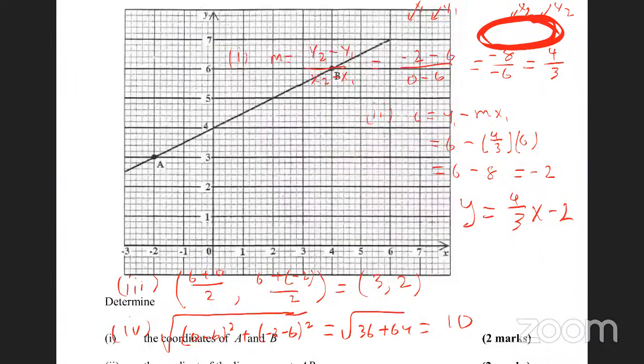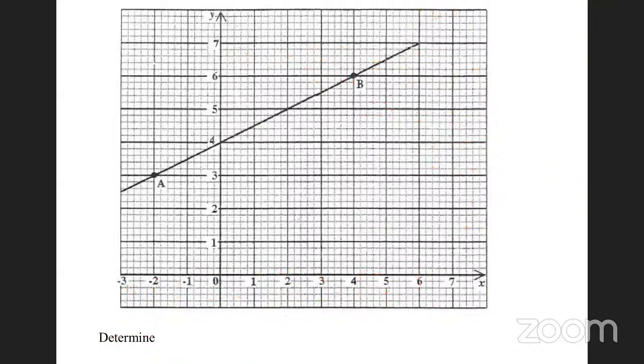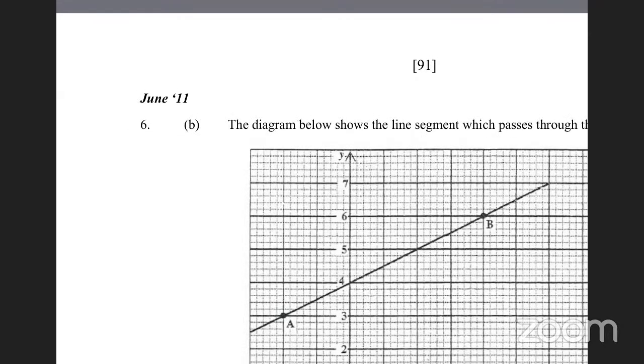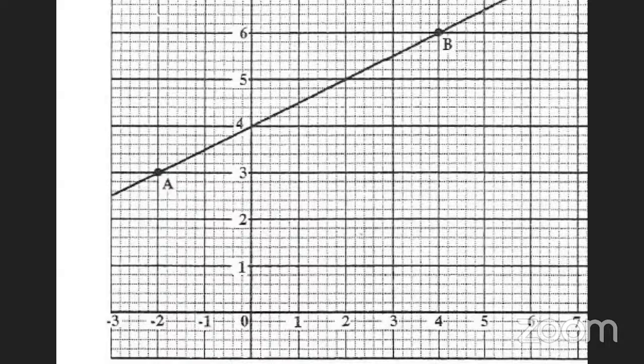All right, this one is a little bit hard from it. June 2011. Just do me a favor and write down what's A and B. Write down the point A and B. Read it off one time.